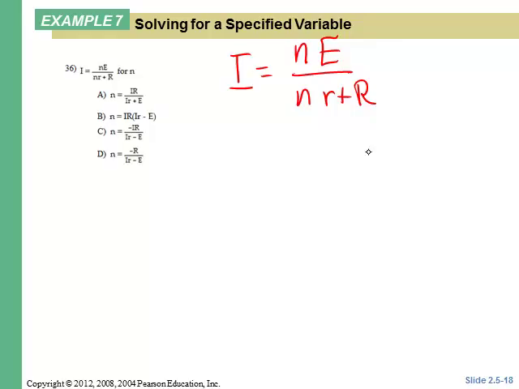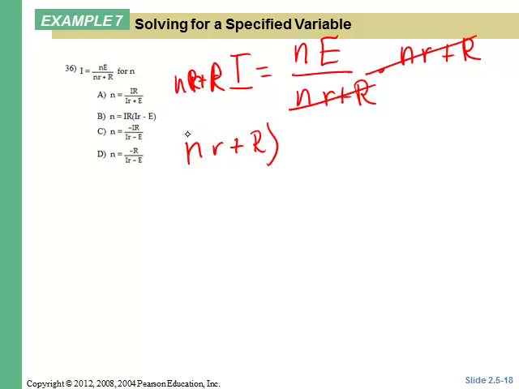The first thing we're going to do is multiply both sides by nr plus R, lowercase r plus capital R. Okay, these two cancel, and we have (nr plus R) times I equals nE.